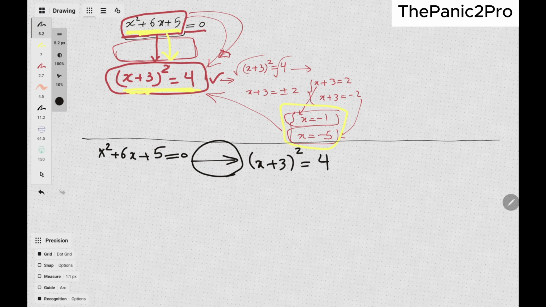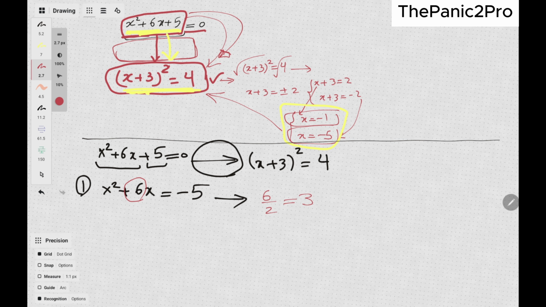I will start by keeping this side on the left hand side, and the rest goes to the right hand side. That's step number one. Next I will take this coefficient, whatever I have here, and cut it in half. Cut the coefficient of x in half.